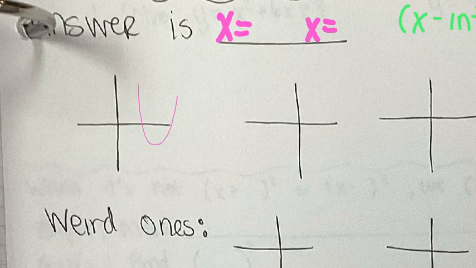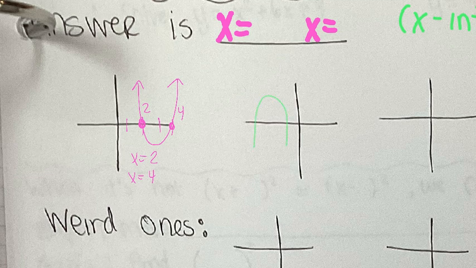The graph could look like this. This is an answer, and this is an answer. Maybe this is at 2, and maybe it crosses at 4. x equals 2, x equals 4. We're going to see a picture and use our eyeballs and write this answer. Right? Pretty easy, okay?